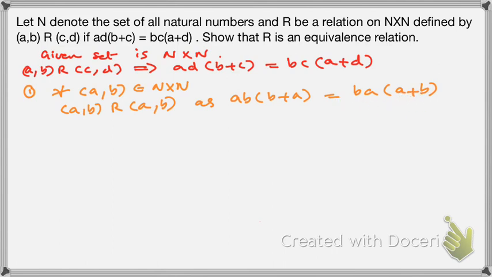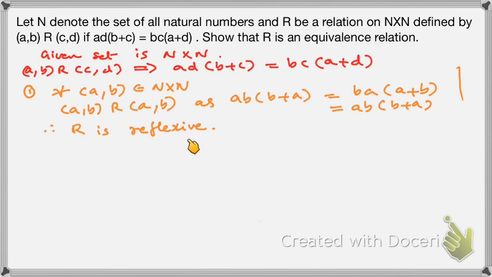And when I look at that, I realize that ba is nothing but ab itself, and a + b is the same as b + a. So I have both the same. So I have justified the fact that (a, b) is related to (a, b). So if every element (a, b) of N cross N is related to itself, we say the relation R is reflexive.